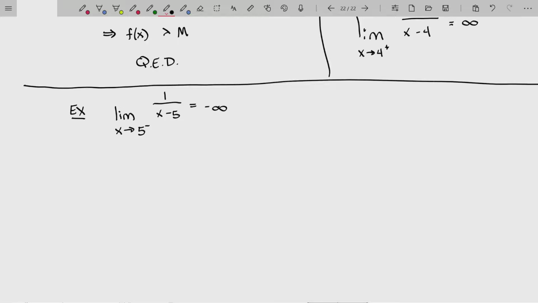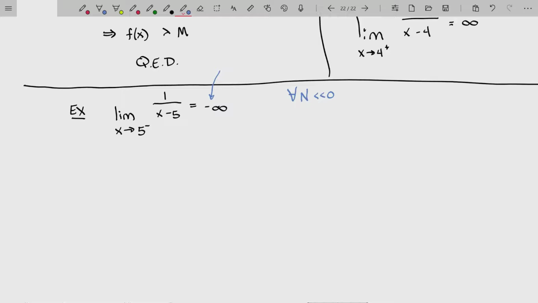To prove it to you, I need to recall the definition of an infinite limit at a finite point. That definition is just that for any given hugely negative number, because it's going to negative infinity, they're not going to hand me a height of 20,000, because why would they? They want to see that this thing's going to negative infinity, so they're going to give me a height of negative 20,000.